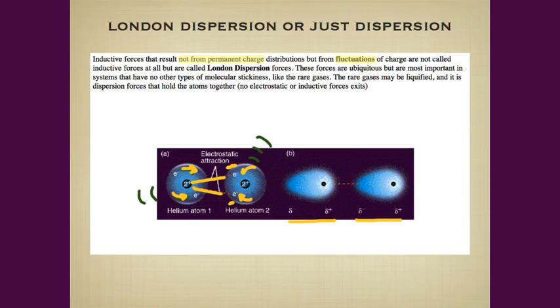And it's just enough for something like helium at a very low temperature to draw those atoms together and form a liquid. Otherwise, it probably would never form into a liquid at all. So this is again called dispersion, sometimes called London dispersion, named after the scientist who came up with the idea, a guy by the name of Fritz London, not the city actually.